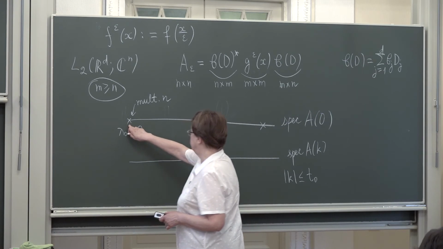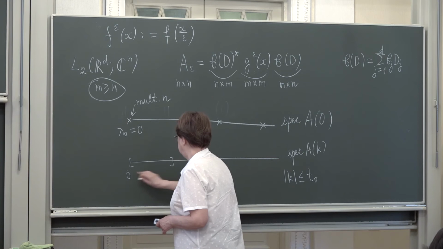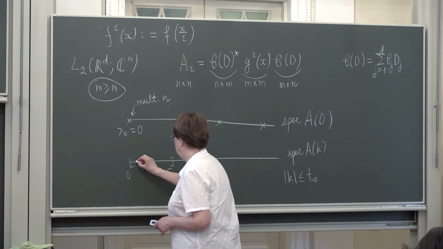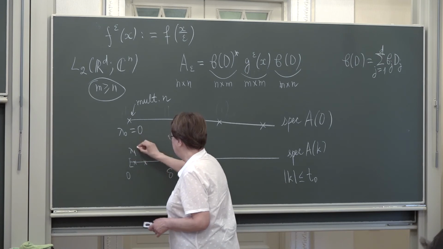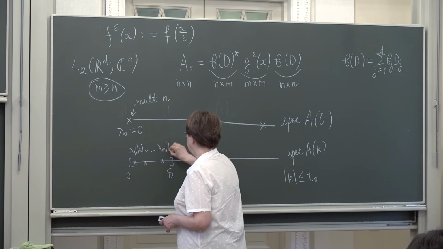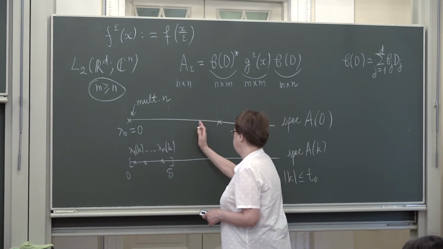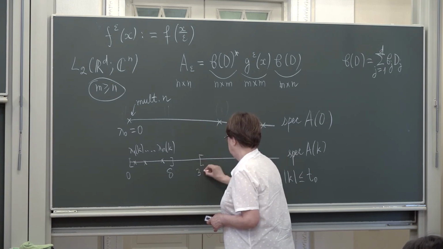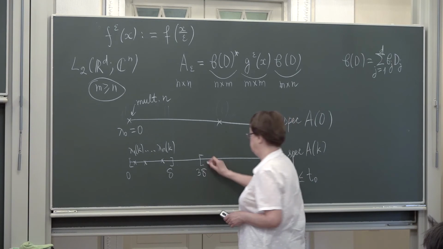Then what happens with this eigenvalue? On the interval 0 delta, we have exactly n eigenvalues counted with multiplicities, lambda 1 of k, lambda n of k. This spectrum moves here, but from delta to 3 delta, we have nothing, a gap.